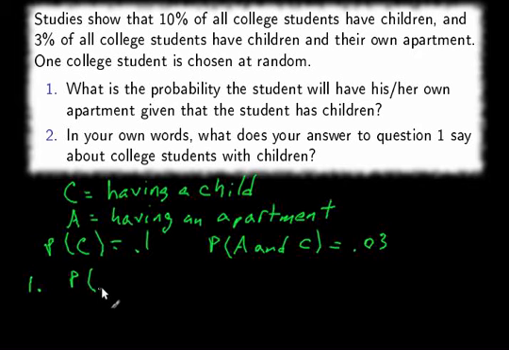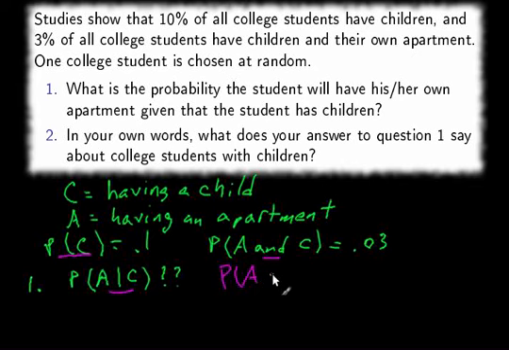We're asked to find in number 1 the probability the student will have an apartment given that the student has children. What we can notice is that all three of these quantities, P of C, P of A and C, and P of A given C, all appear in the multiplication principle, like so.